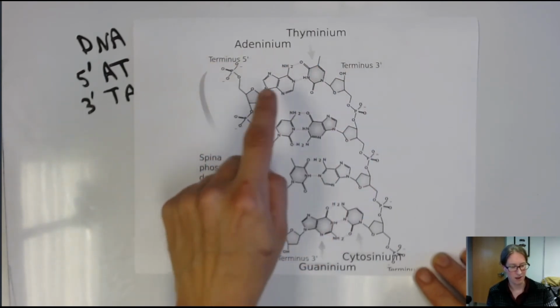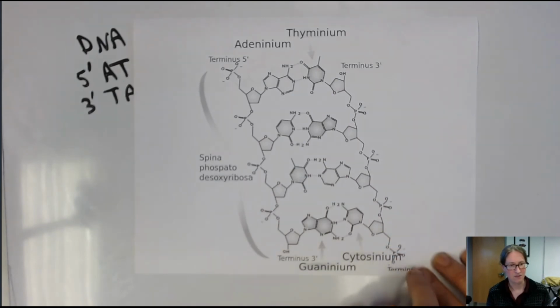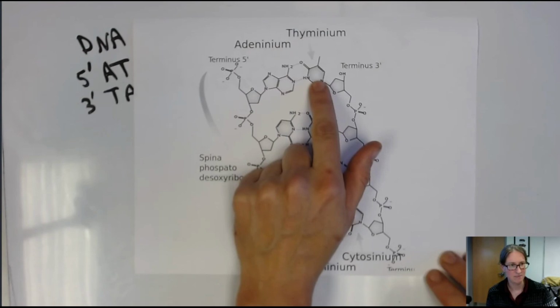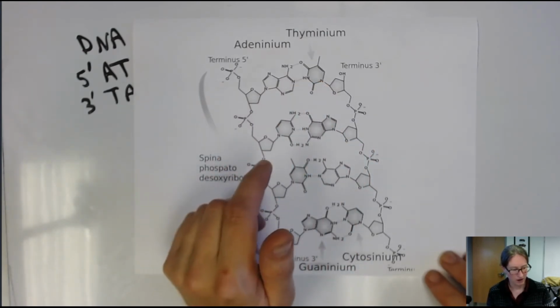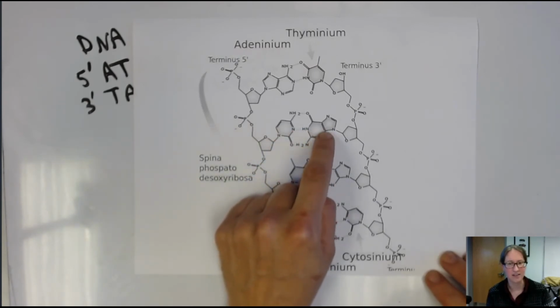And then on the opposite DNA molecule over here, we've got a free 3' end up here, and then a free 5' end down here. And what we've got here is, here's an adenine paired with a thymine. This is taken from another language site. And then we've got a cytosine paired up with a guanine here.